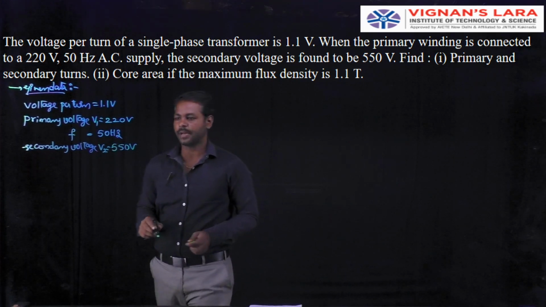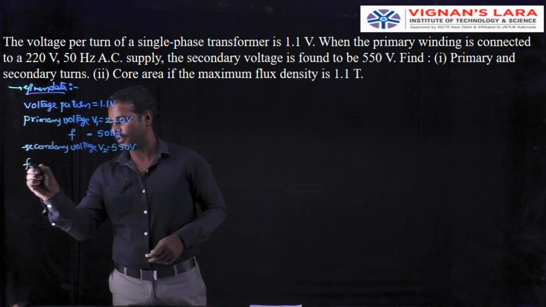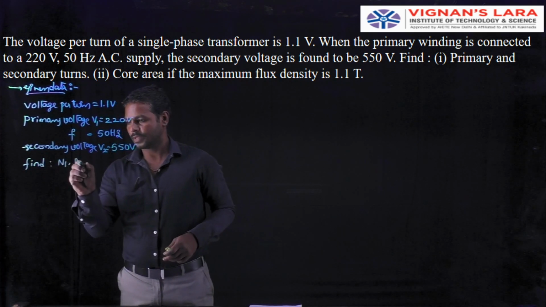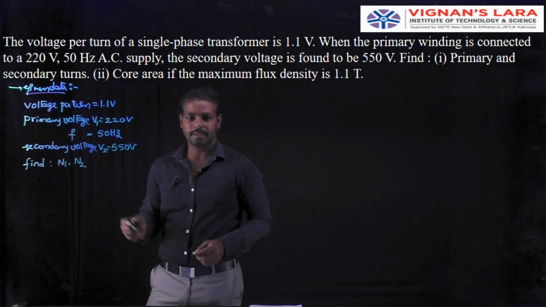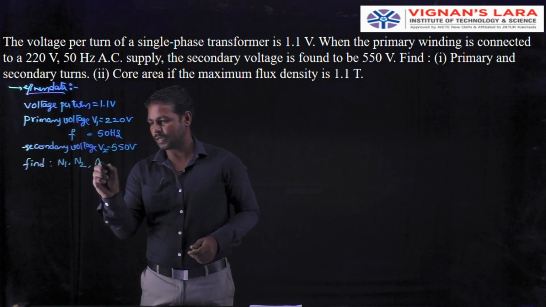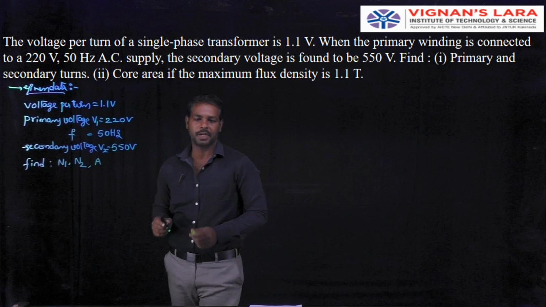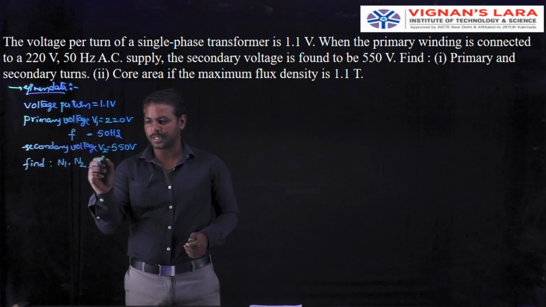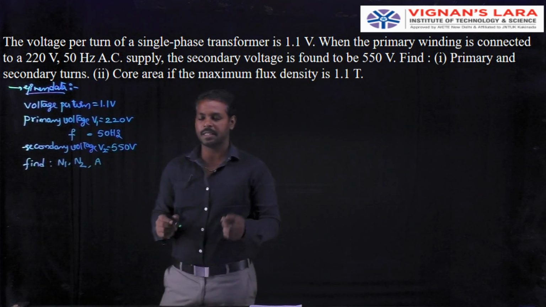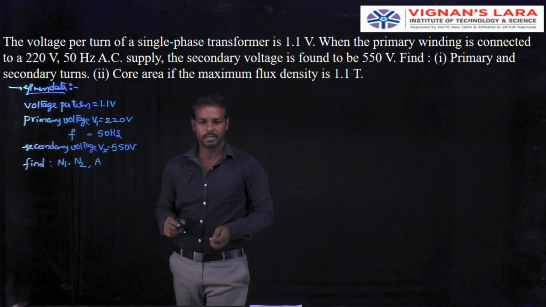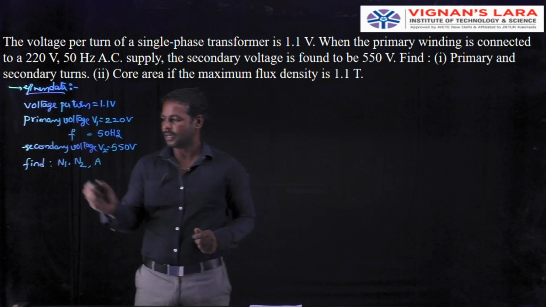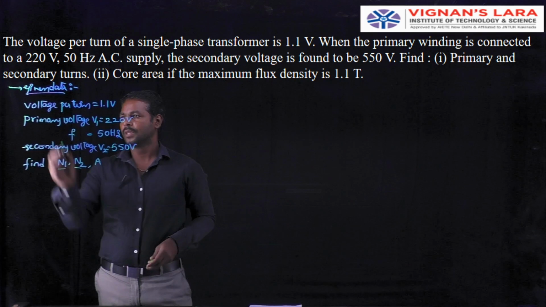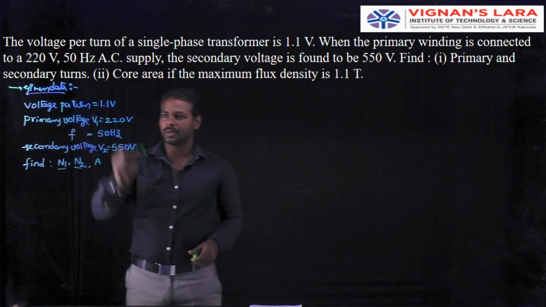Find the primary and secondary turns, N1 and N2. The second part is the core area, which is the area of cross section of the transformer. It is calculated using the flux density, which is equal to 1.1 Tesla. Before that, we measure N1 and N2, where the voltage per turn is equal to 1.1.